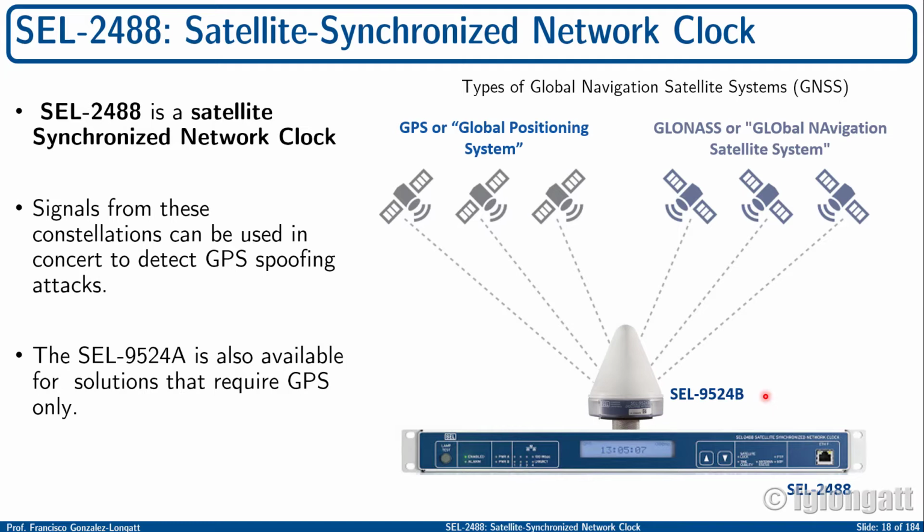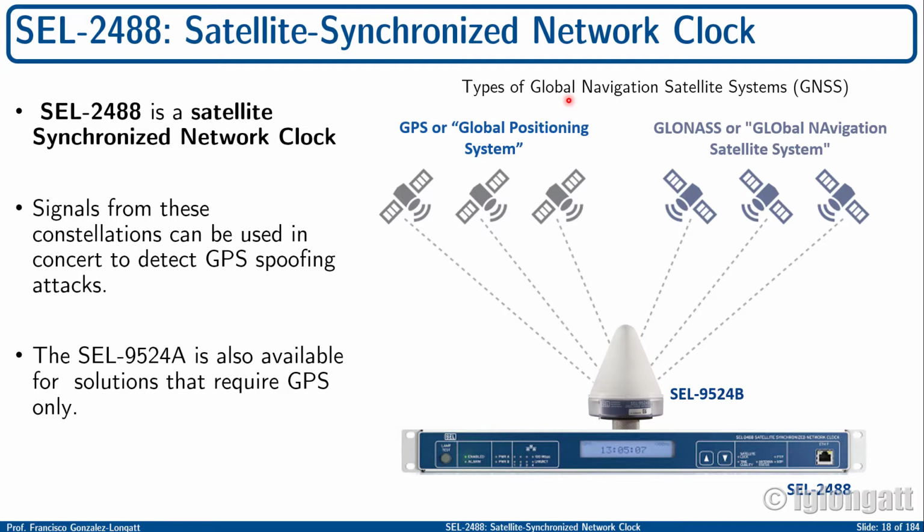Something that you must know is that there are at least 5 different global navigation satellite systems. A lot of people are confused, and every time you talk about global navigation satellite system, GNSS, they talk about GPS. GPS is one of the standards coming from the US, and that basically means global positioning system. GPS is one of the types of GNSS.